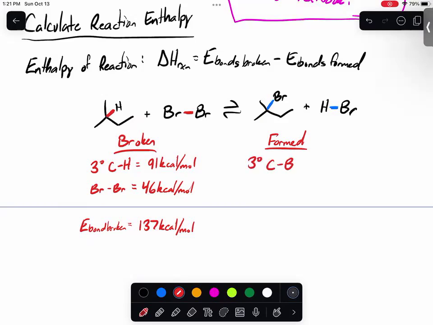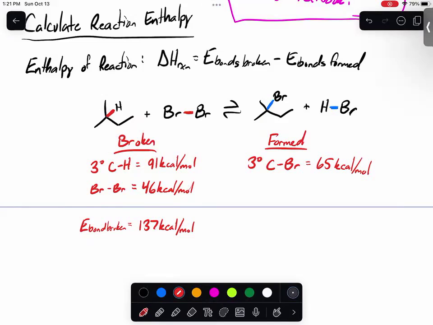Funny enough, this also is different from a primary carbon-bromine bond. Something like that is very different. They have different bond dissociation energies. So in this case, the bond dissociation energy for this bond is 65 kcal per mole. Remember, bond dissociation energy does relate to the bond strength. So if we compare that C-Br versus the CH bond in this case, the CH bond is much stronger.